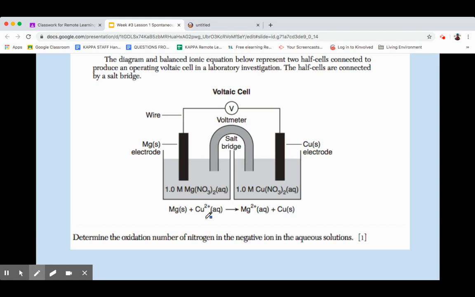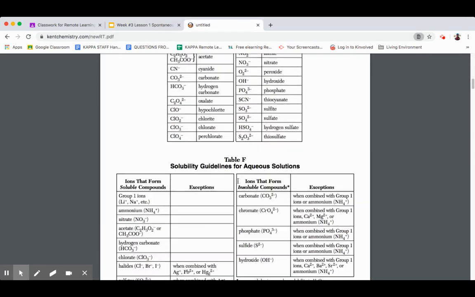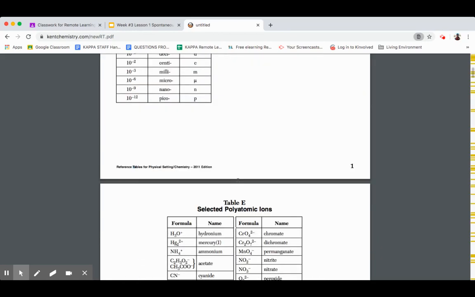Okay, so it's asking us for the oxidation number or oxidation state of nitrogen in the negative ion in the aqueous solutions. So you have to look at your two solutions here. We're not looking at our equation because there's no nitrogen in the equation. So we're looking at these two aqueous solutions. If you look at table E on your reference table, where's table E?